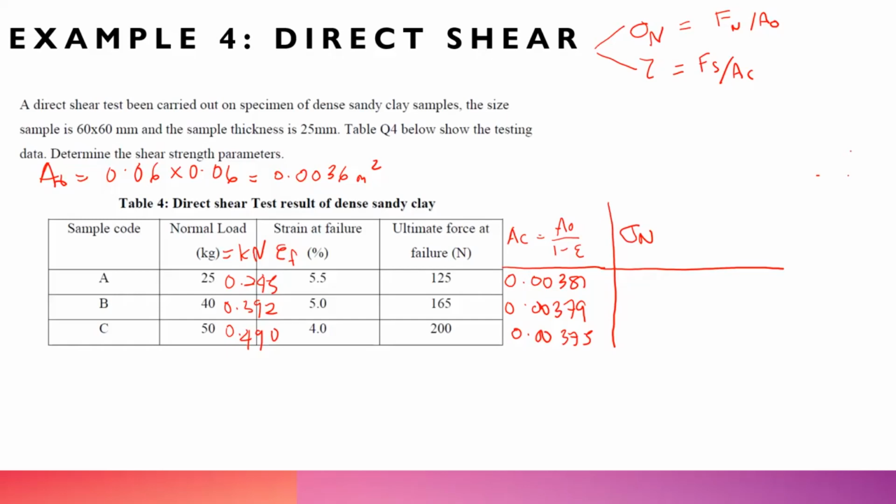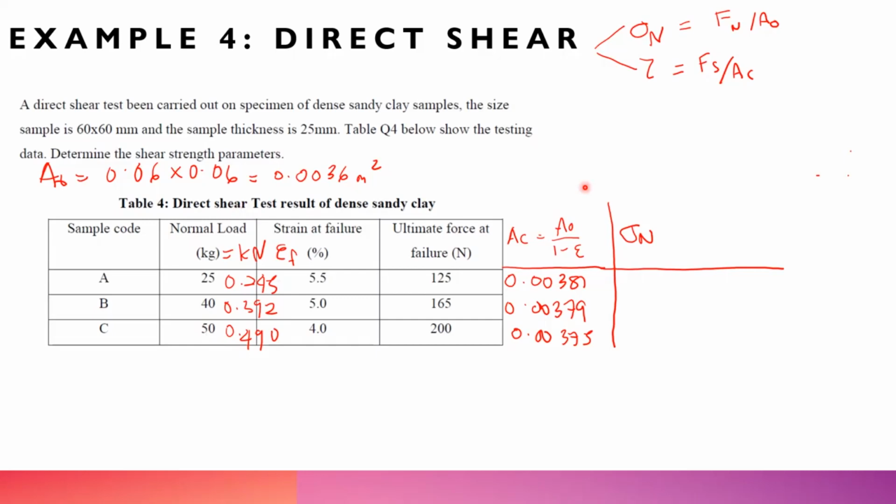You need to convert first, because the value here, you have to divide with the initial cross-section area for normal force. For normal force, there is no distortion that happens. It only quantifies change in volume, so there is no change in shape.